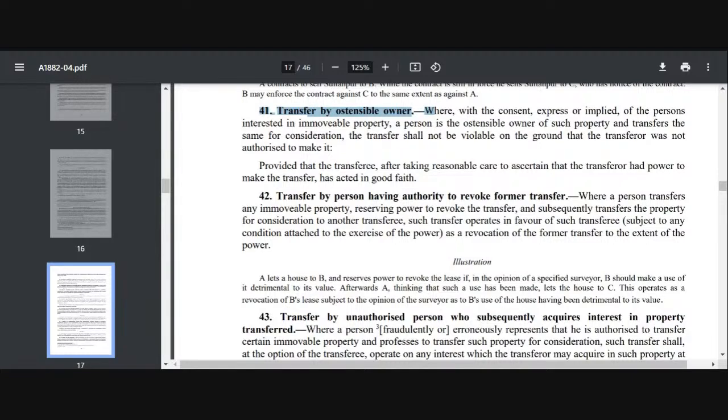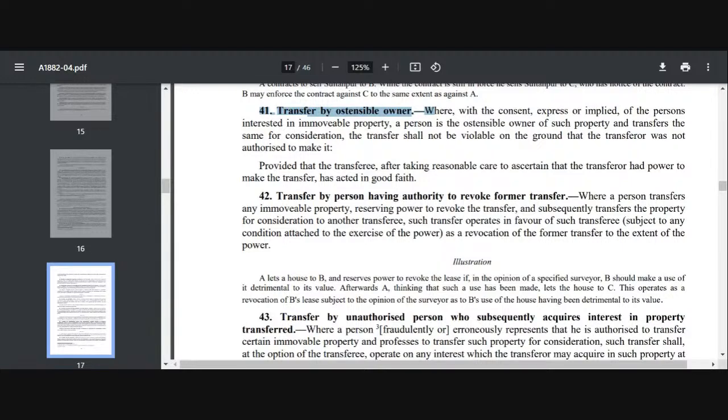But 41 says that any transfer by an ostensible owner is not voidable. So there are two laws, one prior to the Benami Transaction Act and one after it, right? So this is again important. An ostensible owner is a person who is the apparent owner.